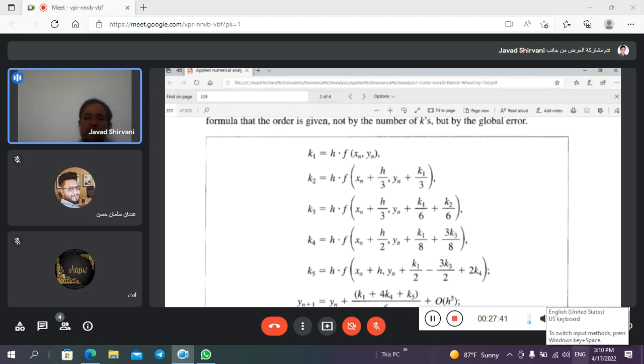We have k1 equals h f(x1, y1). k2 is h f with h divided by 3 and k1 divided by 3. Here we must use h divided by 3, and 1 divided by 3.